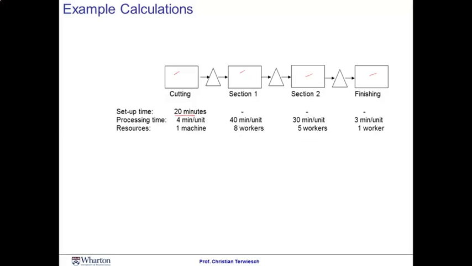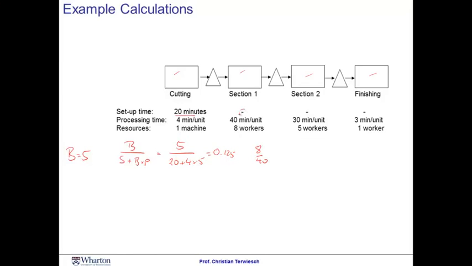Now let's first consider an arbitrary batch size of B equals 5. With B equals 5, our capacity at cutting is, remember the formula, B divided by the setup time plus B times the processing time, which in this case is 5 divided by 20 plus 4 times 5, and that is 5 divided by 40, which is 0.125. Then at the next step we have 8 divided by 40.